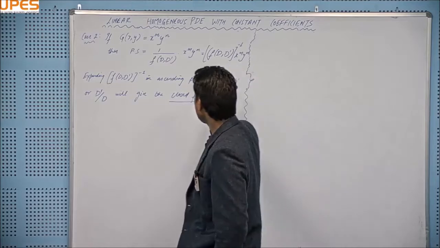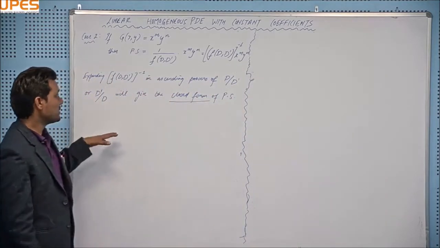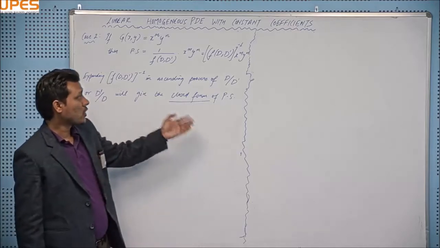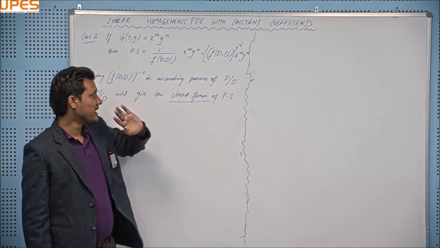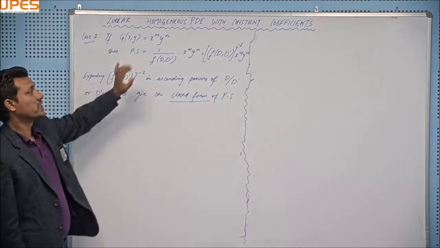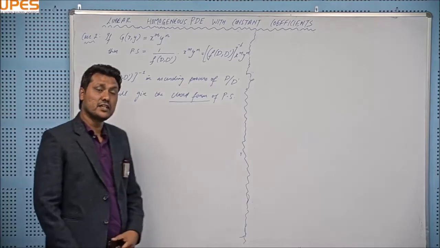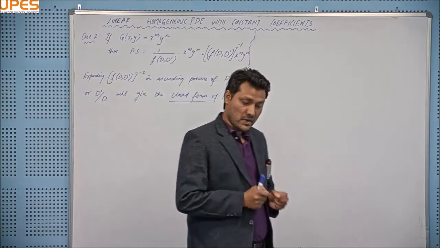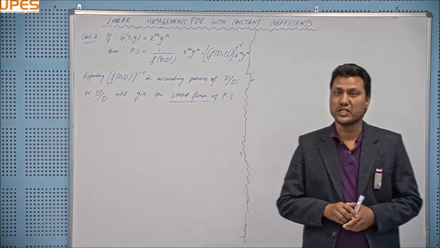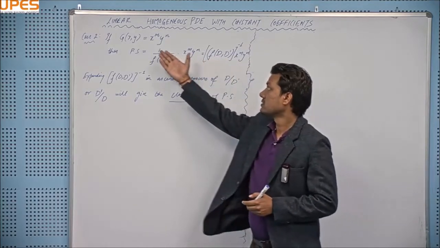And by saying so, it can be expanded in powers of D by D' and D' by D. Maybe sometimes you are allowed to expand in powers of D by D' and D' by D both ways, then we'll get two particular solutions. And this is a key point to understand, the fact that the particular solution of a partial differential equation is not unique, especially for the case when the right hand side is a function of this nature, right?